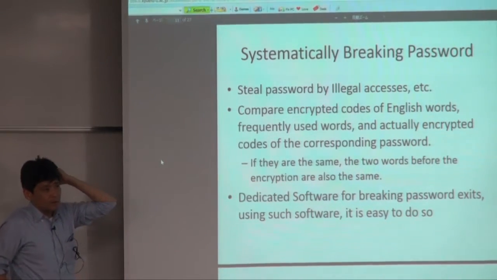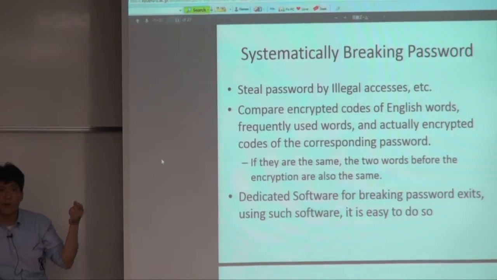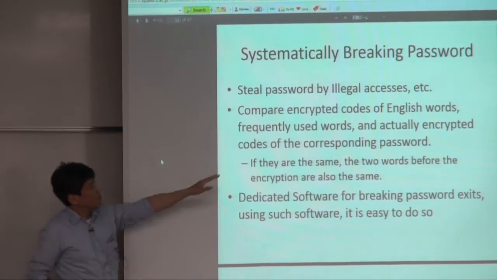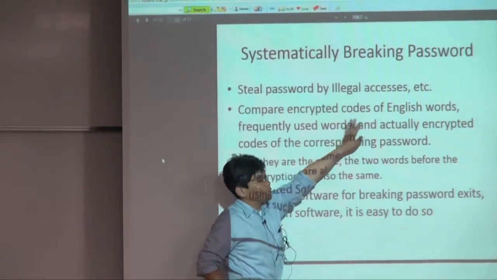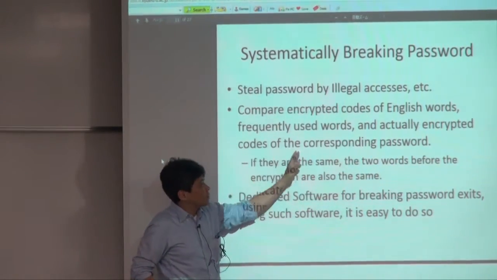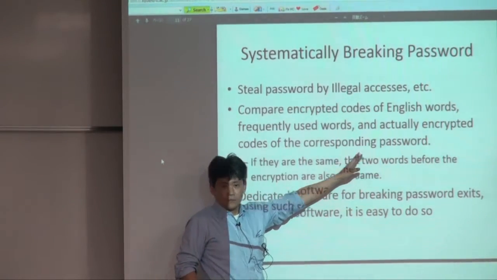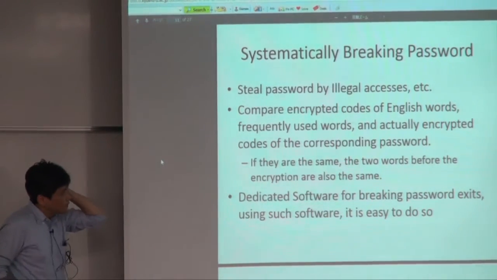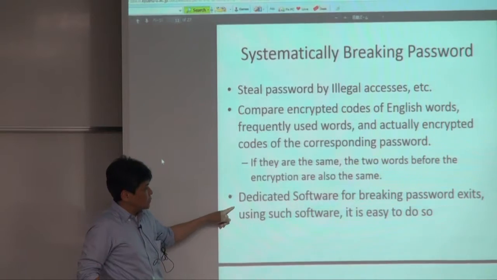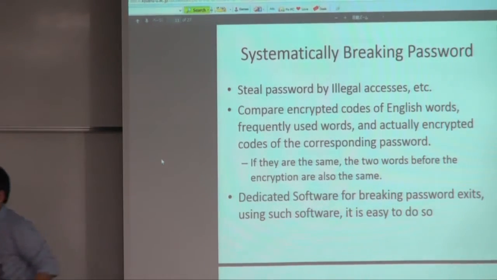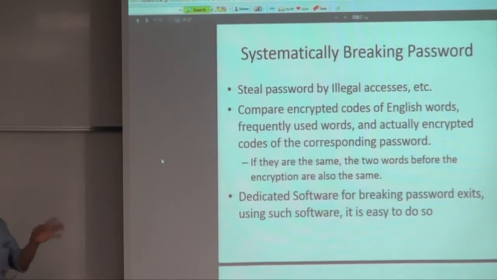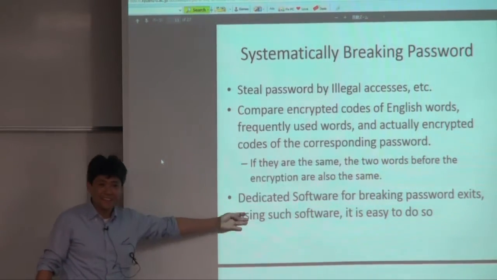As a result, the bad person can find that such a frequently used word or English word is the original password. Okay? So dedicated software exists. However, you must not use such software. Okay?